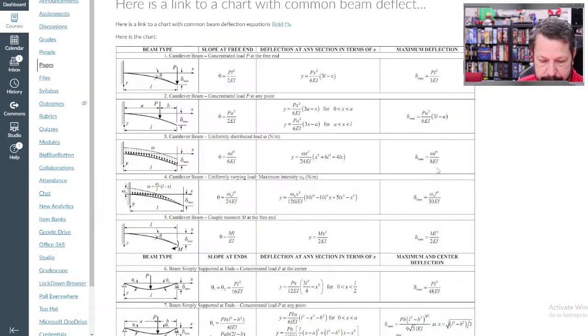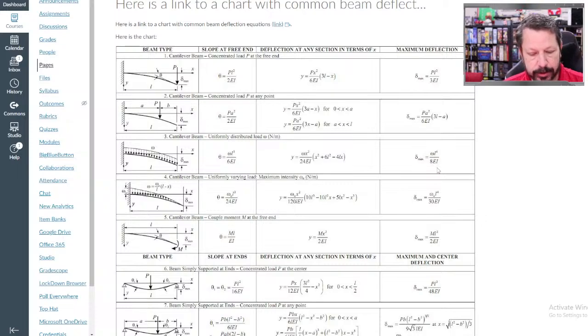We also have case 3, cantilever beam, uniformly distributed load. It gives it a value of omega, in newtons per meter. That does not actually matter; it can be pounds per foot or whatever. The equations don't have any coefficients based on the units.